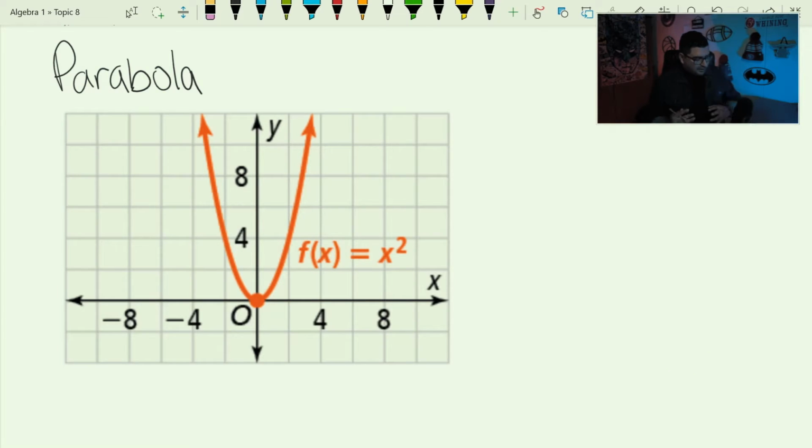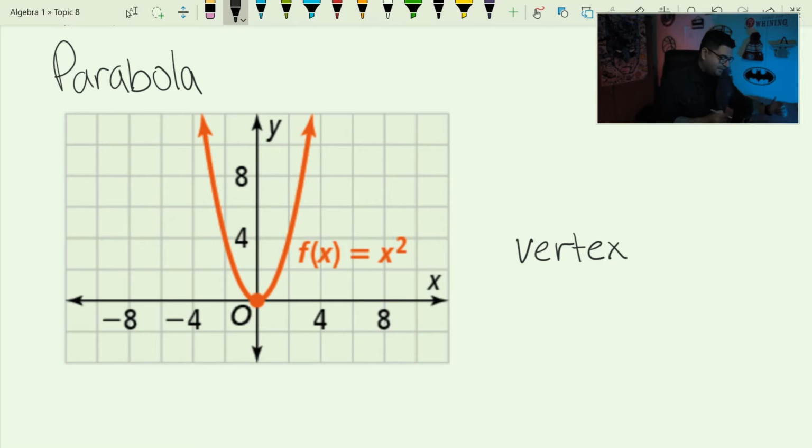Now, the other words you might hear when people talk about parabolas, okay, next one I'm going to discuss is what we call the vertex. Okay, the vertex is the point at which the parabola starts to change direction.